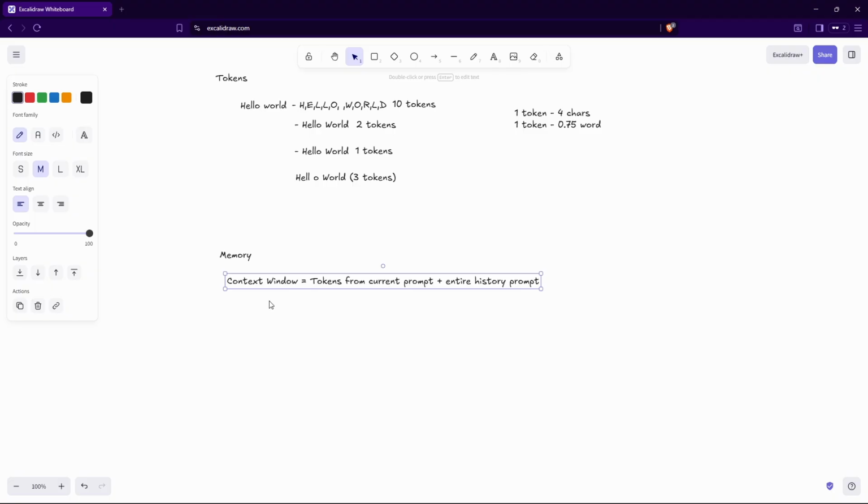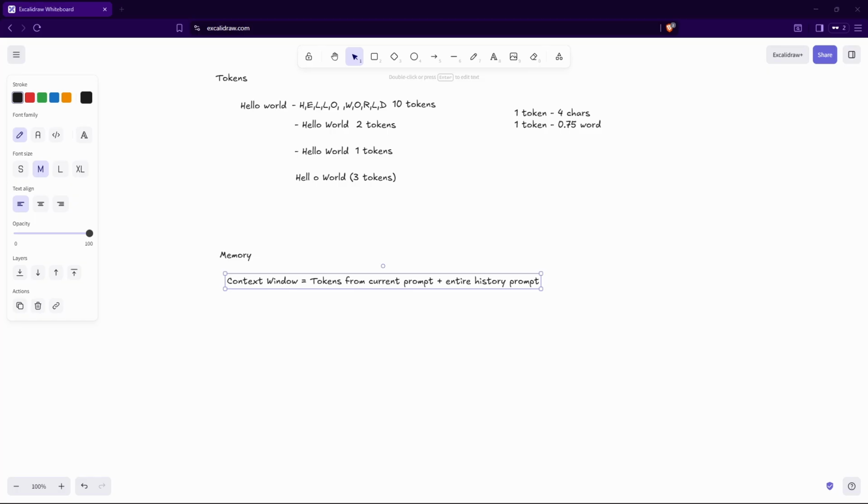You cannot expect it to remember everything, because if you have a big history, you will have a lot of tokens, and maybe you're exceeding the context window. If you have a small context window, you cannot pass a lot of history to it, which means that it cannot remember a lot.